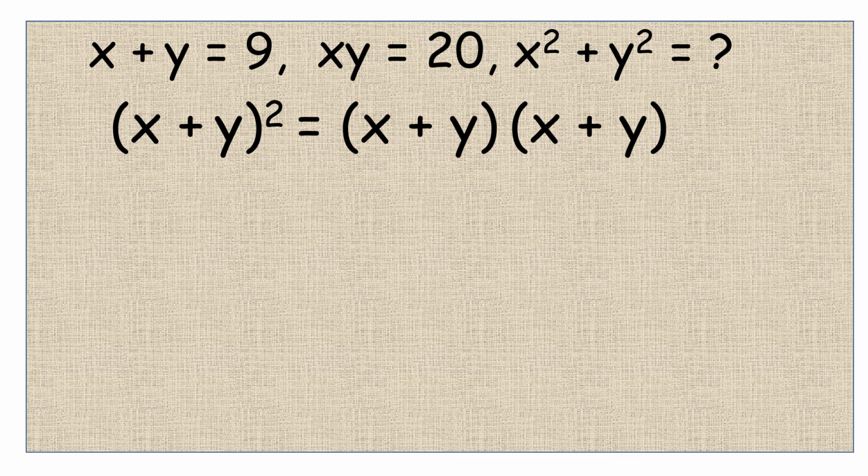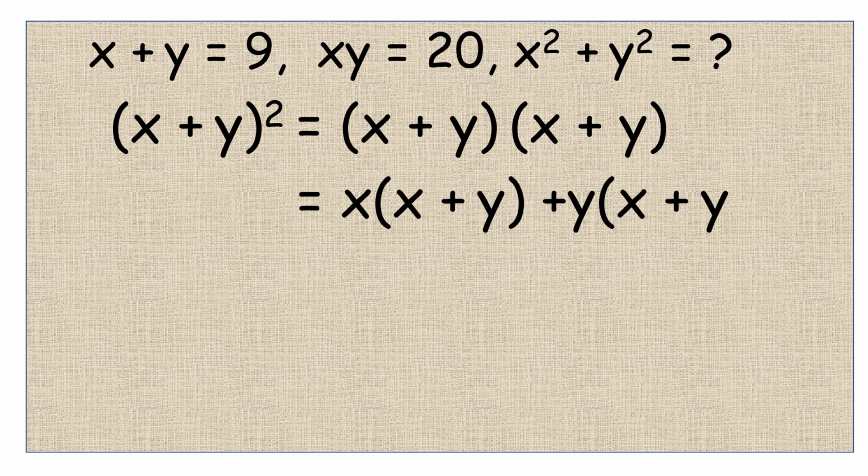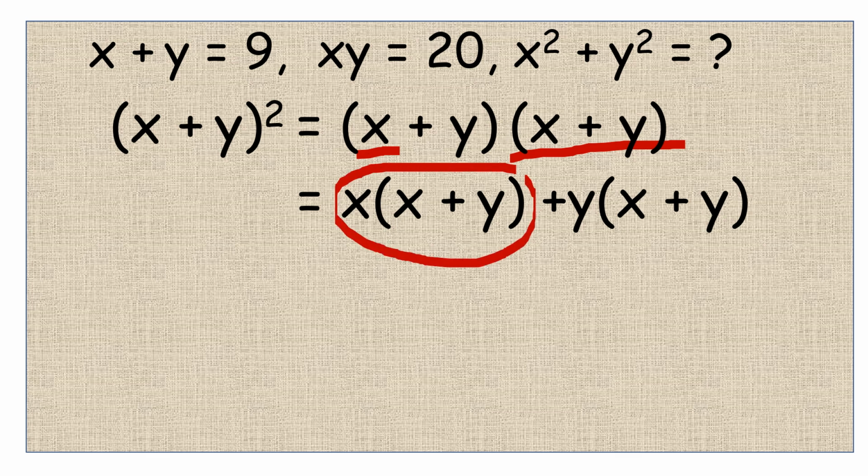Now, if we expand this, all we need to do is to bring out the value of x here and multiply it by x plus y. And that's what gave us this. The value of x, we're multiplying it by x plus y. I want to believe that is clear.